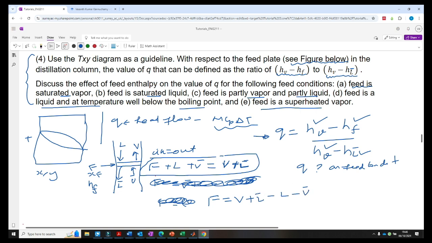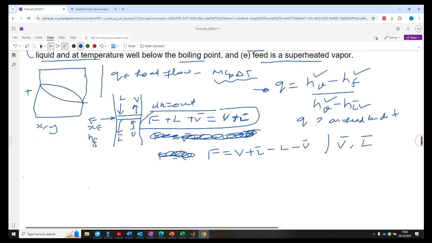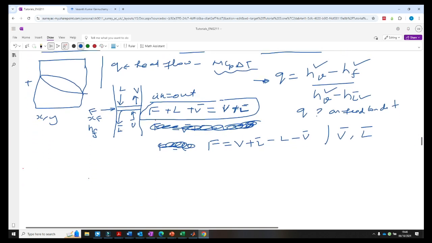Okay, so I don't know how to say this. Whenever I say V dash, that means V, and then you put a dash on the top. And L dash means L, and then you put a dash on the top. There may be a better way to express this, but I feel comfortable to say V dash and L dash.